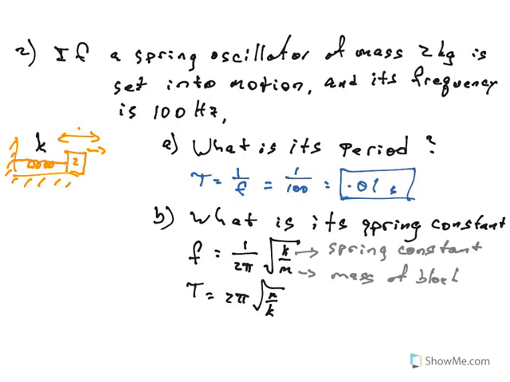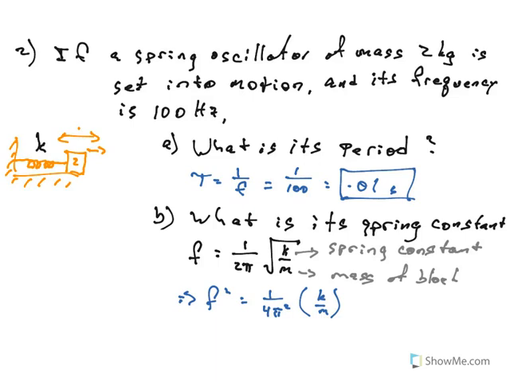So we want to use this equation to solve for K. Using our frequency equation, I want to solve for K, so let me square both sides to get rid of the square root. That tells me frequency squared is 1 over 4 pi squared times K over M. All I did was square both sides.